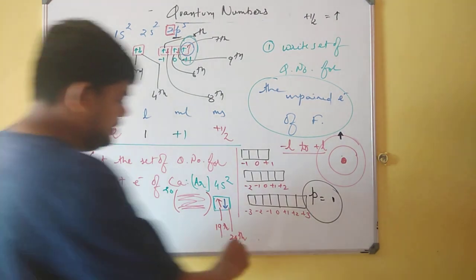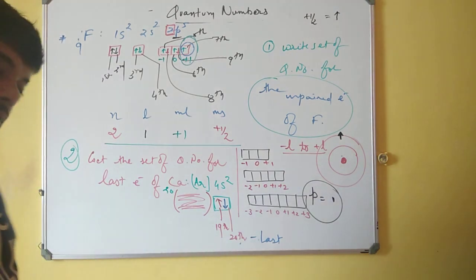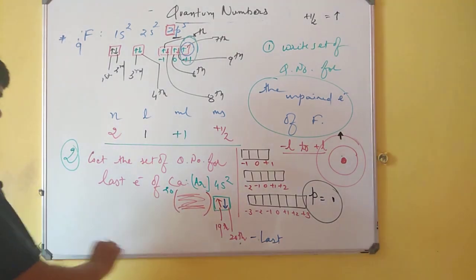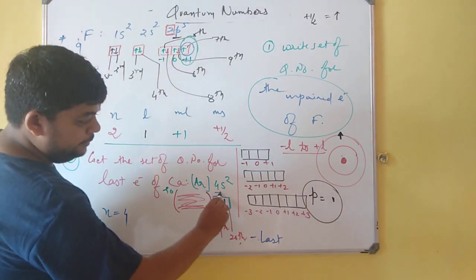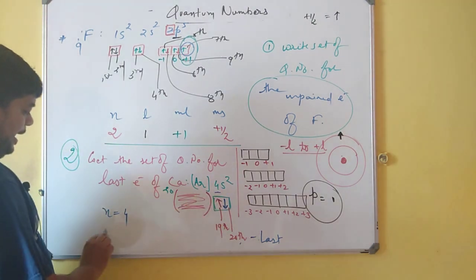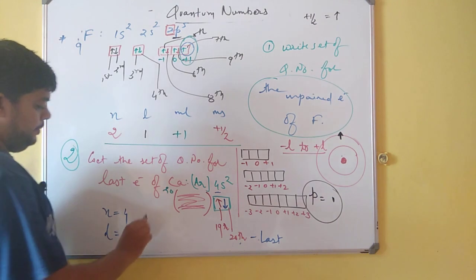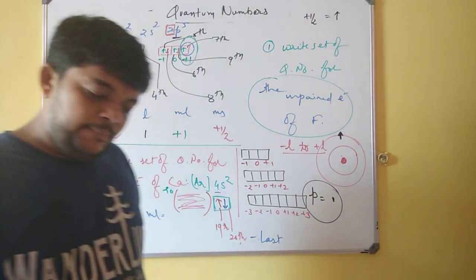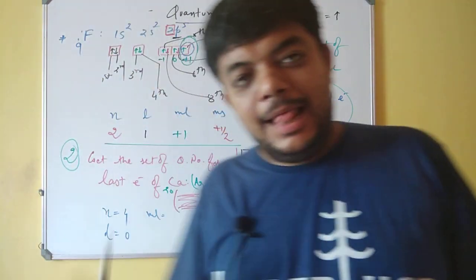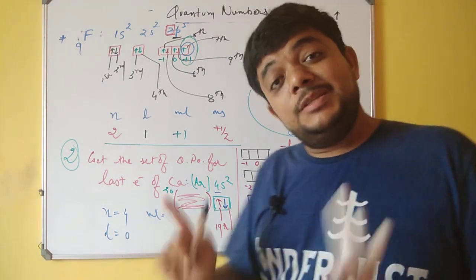So this will be the last electron, and therefore for that n is equal to 4. L corresponds to s, and s is designated by a value 0. ml: remember very well that if L is 0, ml will always be 0.